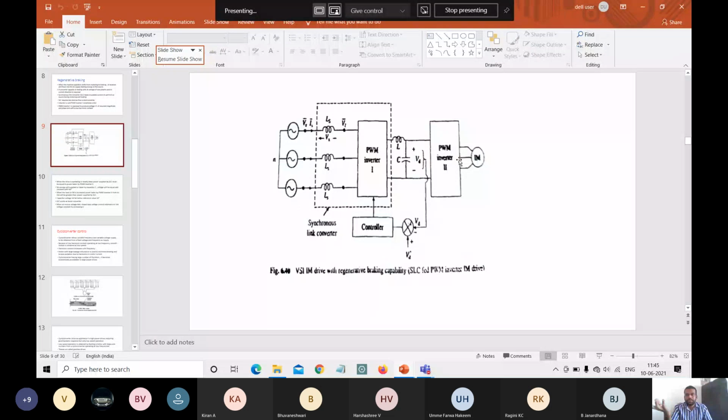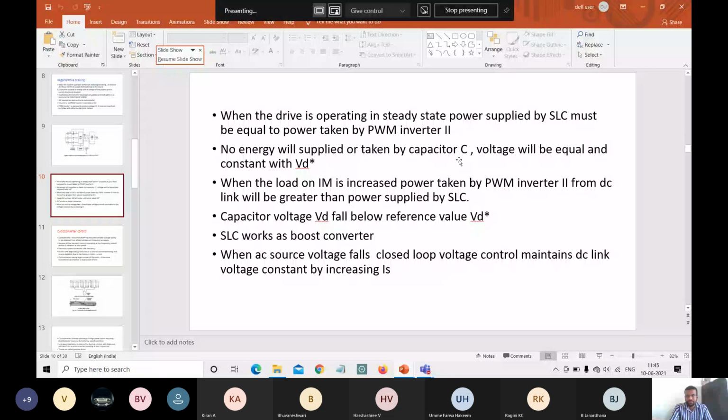So the first condition is when the induction motor load is increased, and similarly when the AC voltage source falls, at that time the closed loop voltage controller maintains the DC link voltage constant by increasing the IS. These IS and VS are the main thing here.